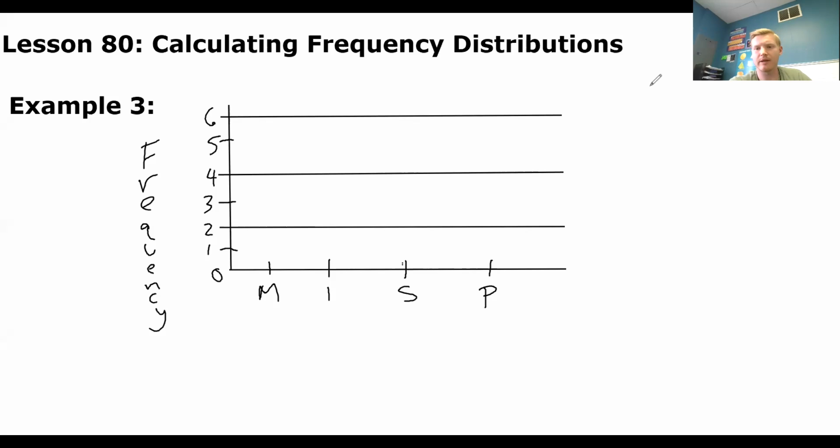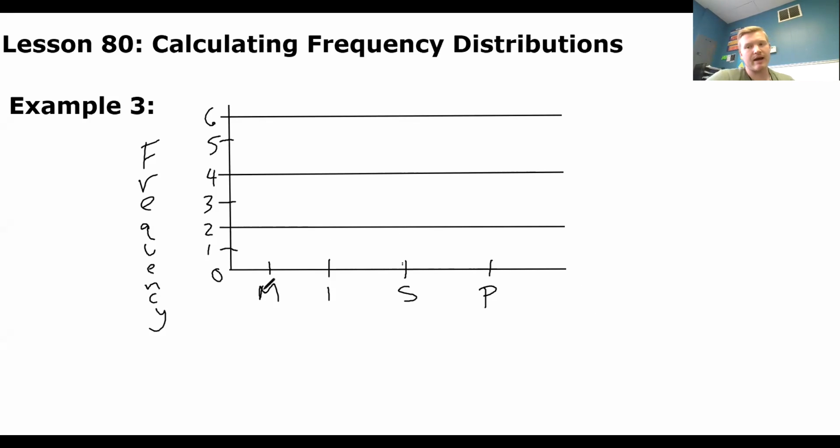Okay, guys, for our last example here, we have representing data with a graph. So we're creating another graph here, just like example 1. We have the letter M in Mississippi. Suppose that 11 cards each contain 1 letter from the word Mississippi.